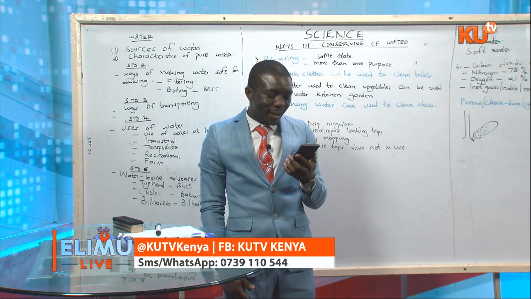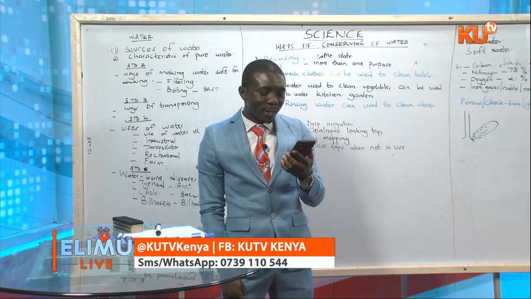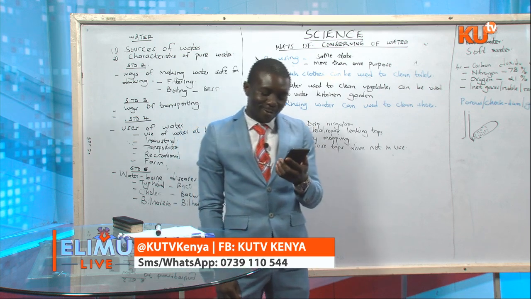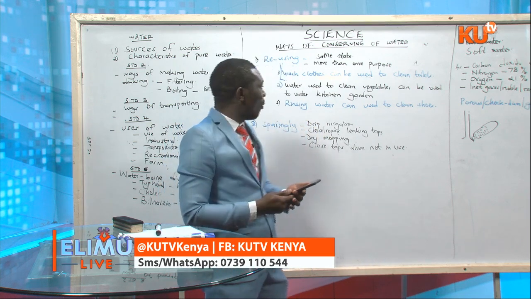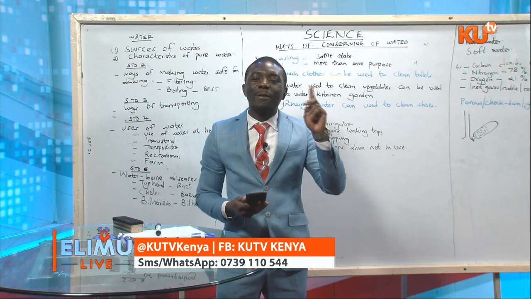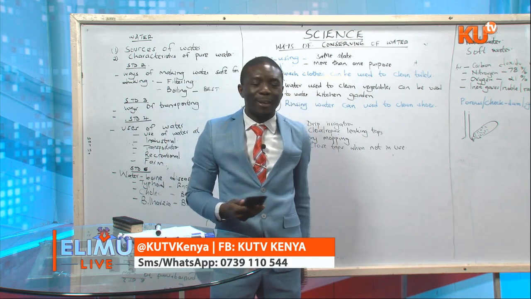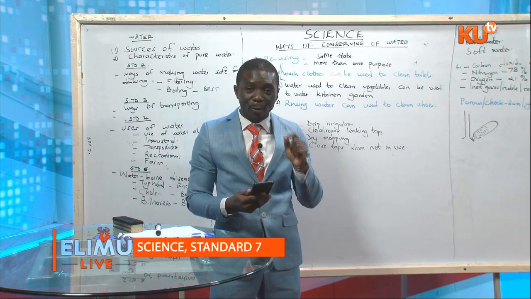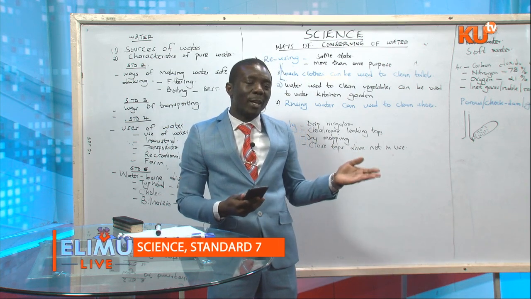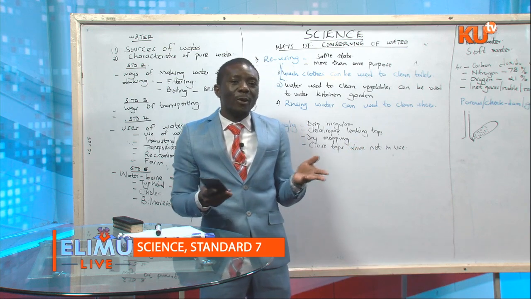Somebody is saying here, I don't think that harvesting rainwater is a way of conserving water. According to the primary syllabus level, ways of conserving water, in fact, begin with harvesting. We harvest water using what we call gutters. It is a way of conserving it. So when it rains, that water you don't want to go like that.